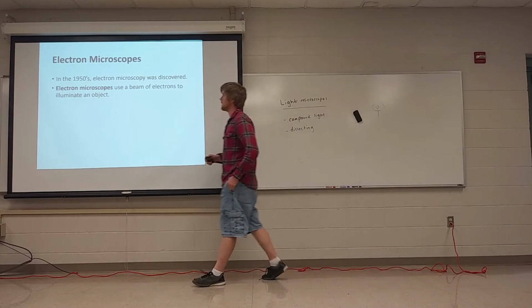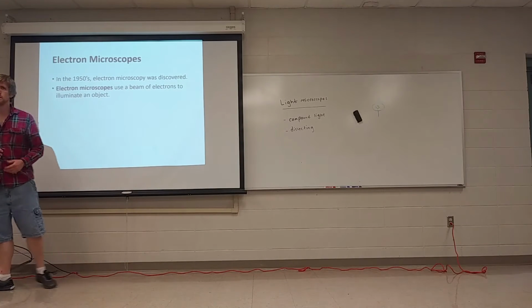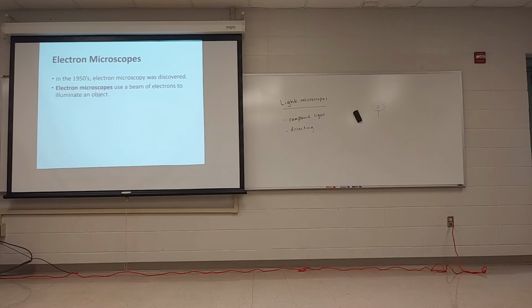Well, instead of using visible light to illuminate an object, electron microscopy shoots a beam of electrons at an object coated in a particular substance, and that's going to relay that image ultimately back for us to observe. But the great thing about this is that it allows us to magnify objects to an extent that visible light magnification with our standard compound and dissecting scopes just can't get us to.